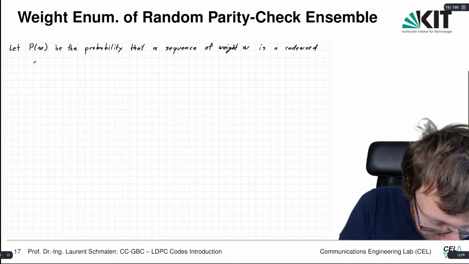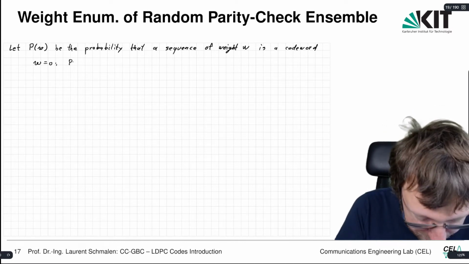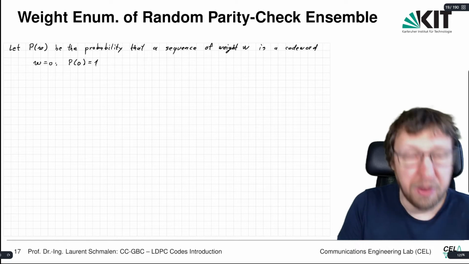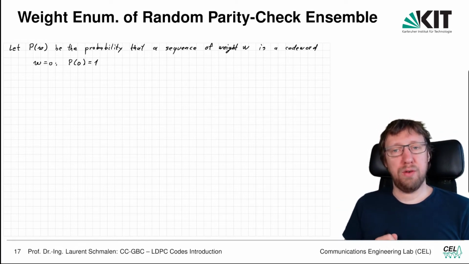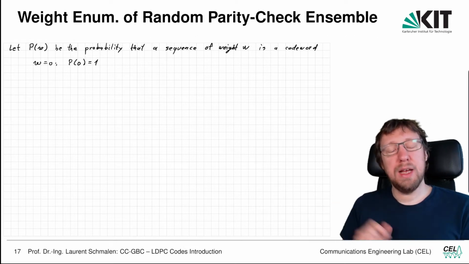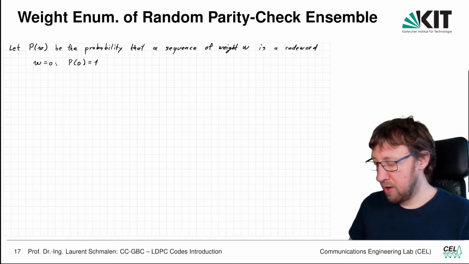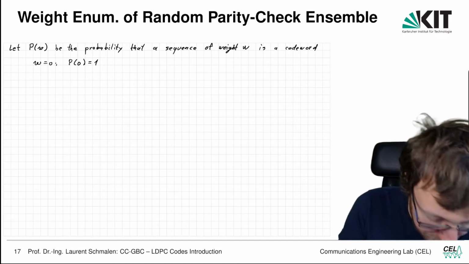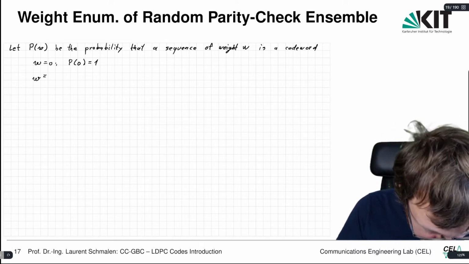If w is equal to 0, that's easy, because then P_0 is equal to 1, because the all-zero code word is always a code word of a linear code. So now the interesting case is if w is larger than 0.